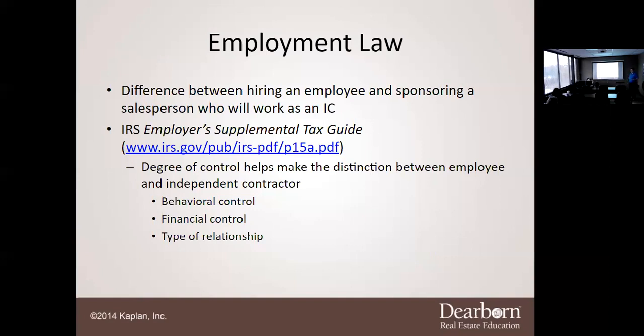As an independent contractor, all I can do is say to Mr. Travis or Mr. Grossman, if you get a transaction, you need to let Miss Linda know within 3 days of getting it. If Miss Linda requests any documents from you, you have 3 days to get them to her. I cannot tell Mr. Travis that he has to be in this office 8 to 5, Monday through Friday, and that when he's in this office, he's got to be cold calling, because at that point, if I'm dictating, he's an employee. He's not an independent contractor.